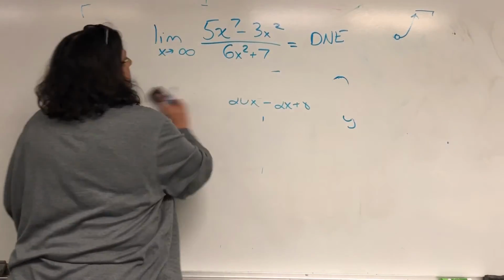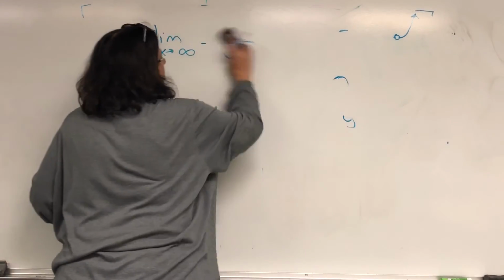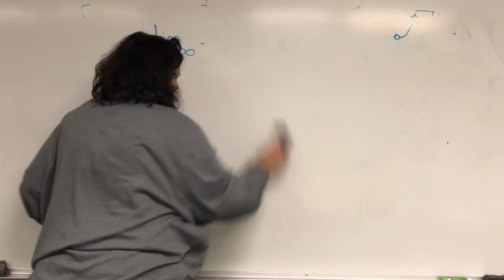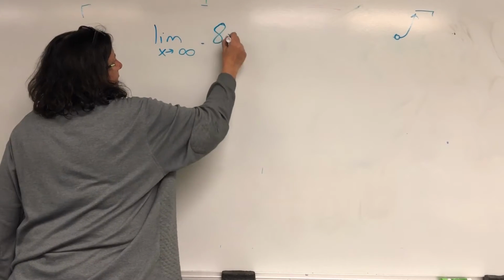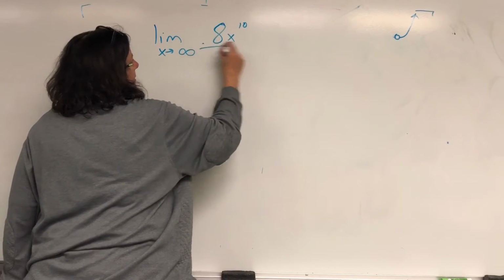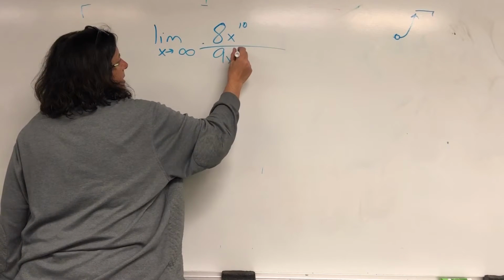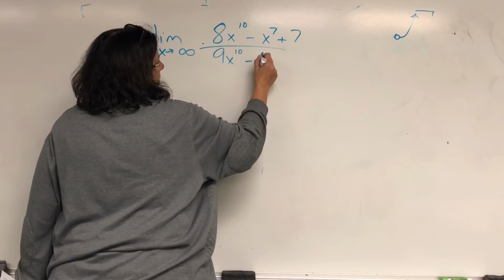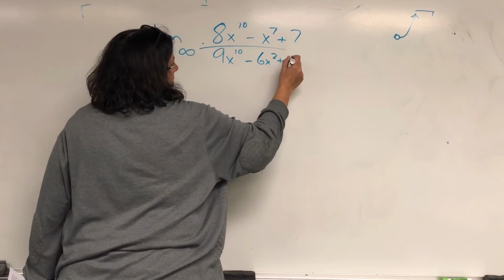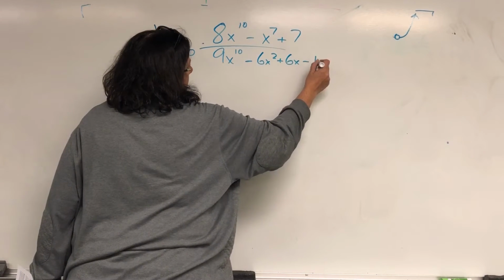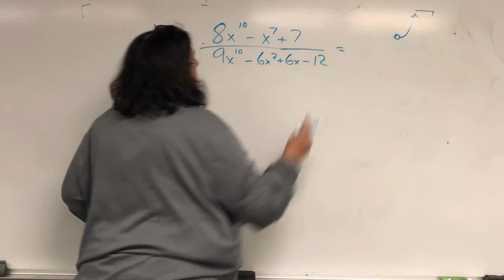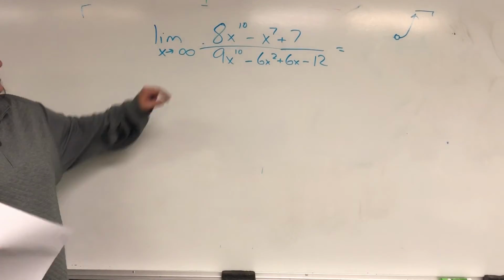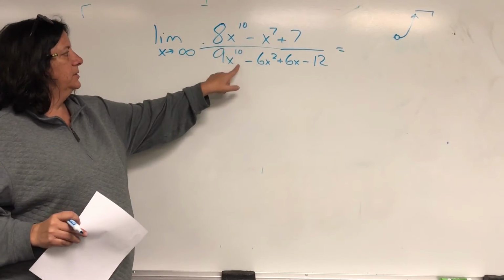The other scenario is when you have equal degrees. So let's have 8x to the 10th over 9x to the 10th, and then it doesn't really matter what happens next. What matters here is that the degrees of these are the same.